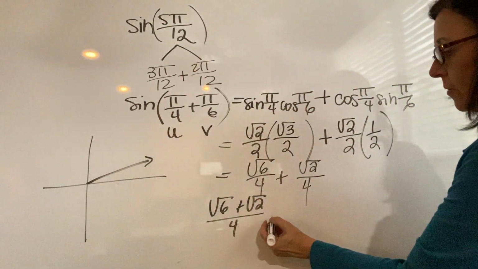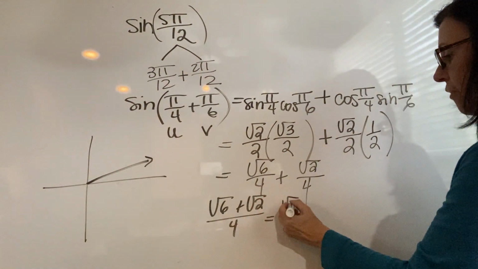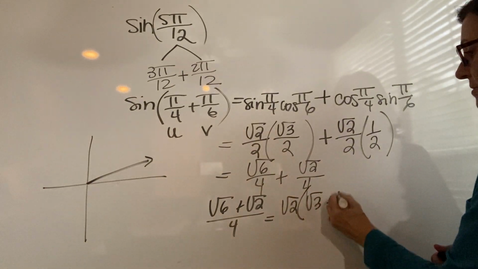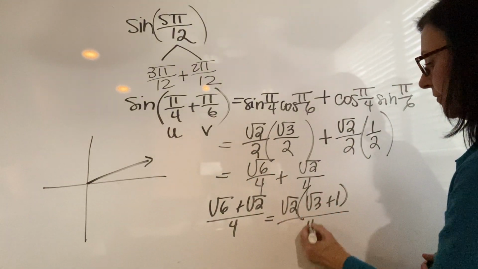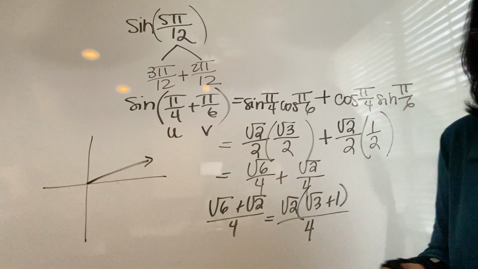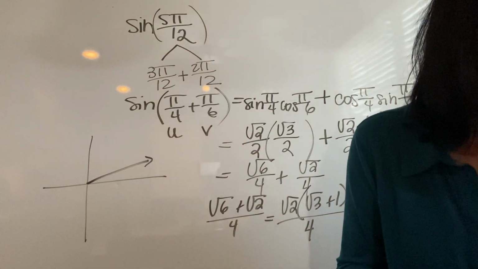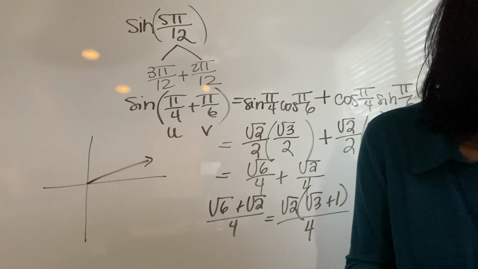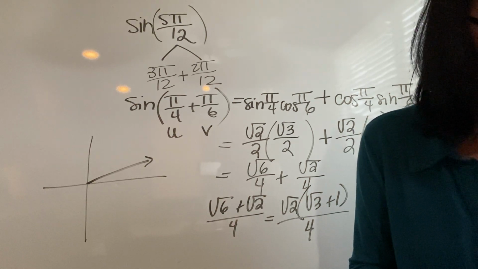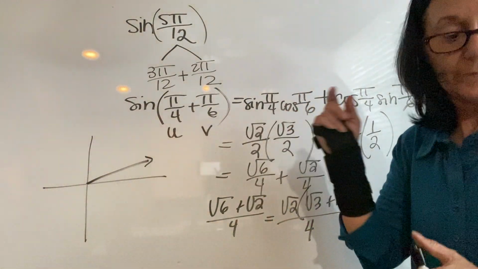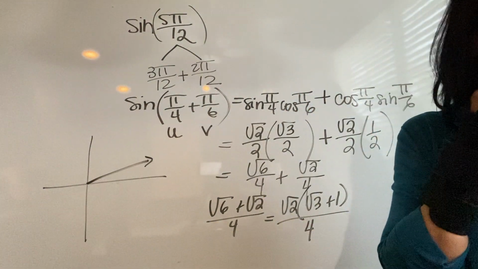They pulled out a square root of 2. Square root of 2 times square root of 3 plus 1 all over 4. And I believe that this was their answer for the sine.